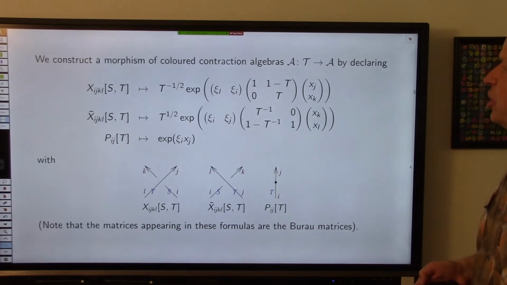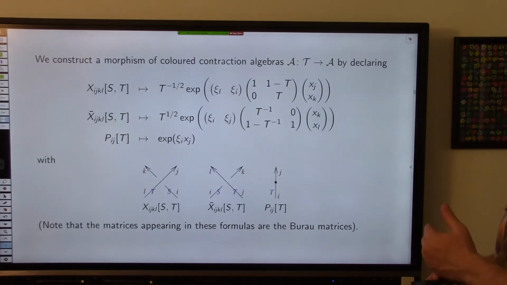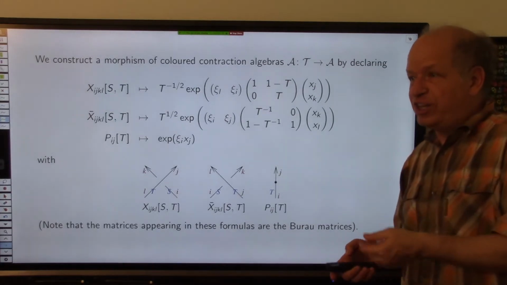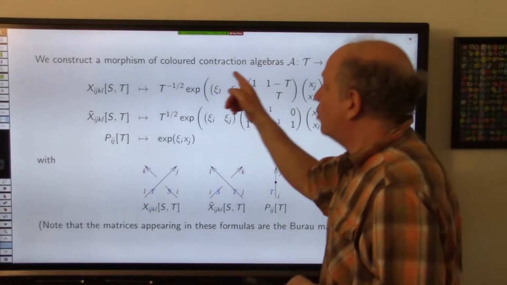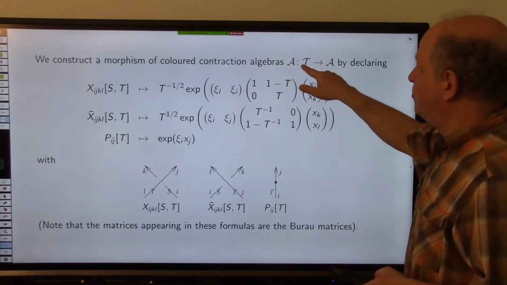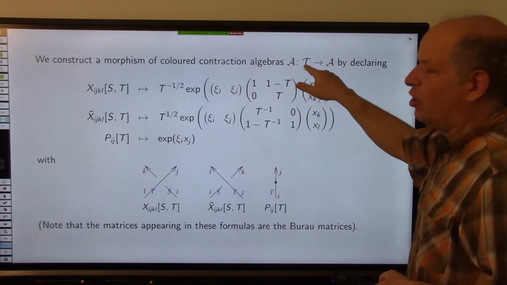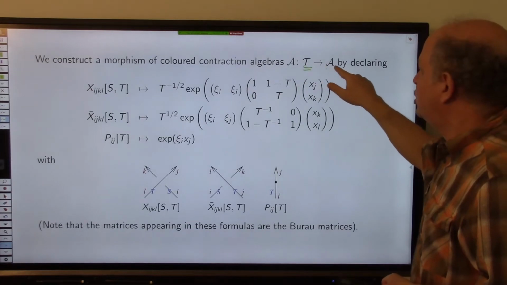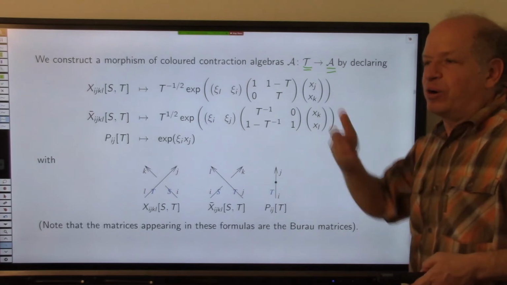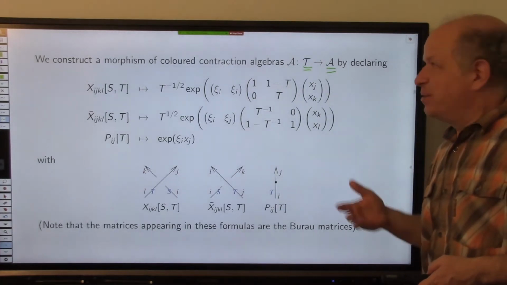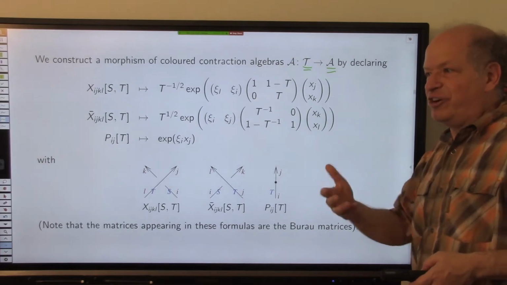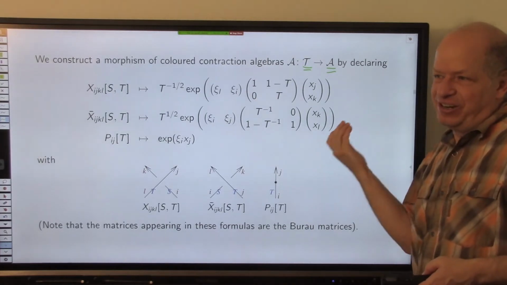Okay. So now I want to construct a morphism of colored contraction algebras, going from the contraction algebra of tangles to the contraction algebra I've just defined, the exterior algebra one. Okay? Maybe A is for Alexander, maybe it's for Archibald because it's a version of Archibald's thesis, I don't know.